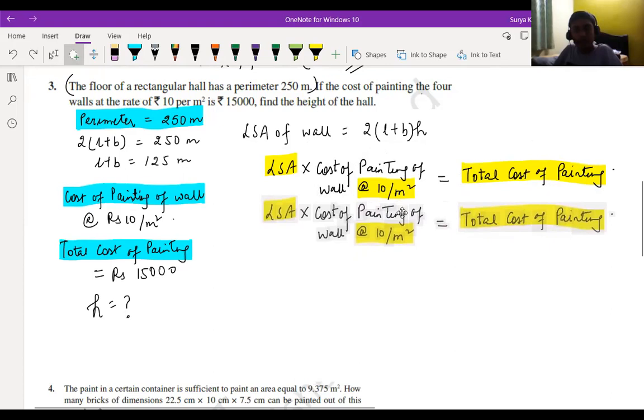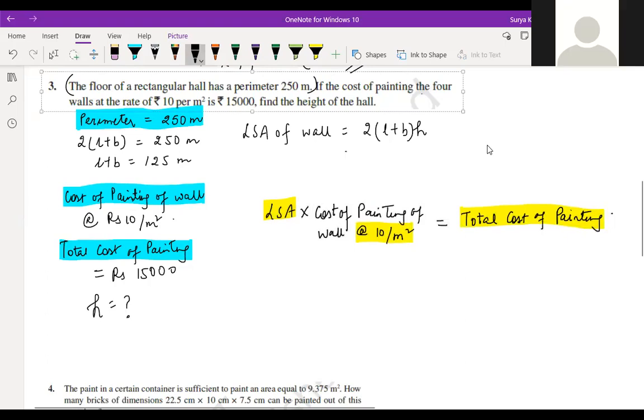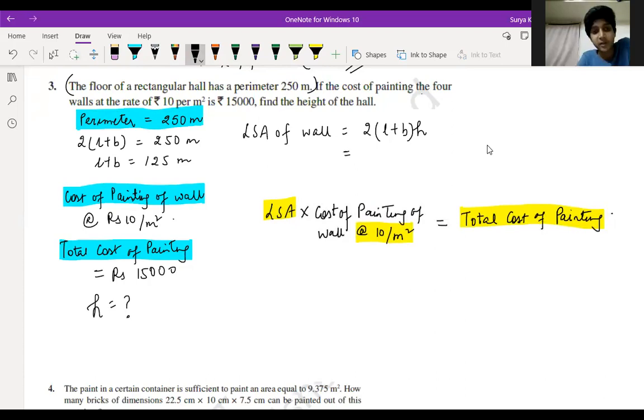Sir, first we need to find 1 meter square rupees. 1 meter square cost is rupees 10, it is given, no. But how much LSA will be there? Just multiply with 10. You'll get total cost.